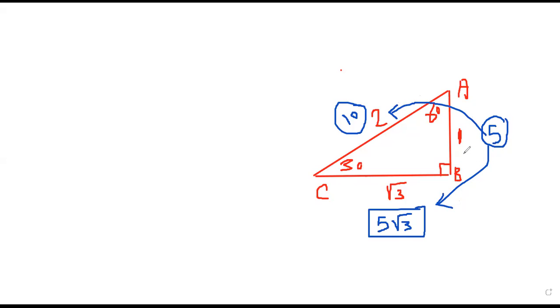Okay. Also, we can use Pythagorean theorem if we forgot the special case. If you have this side was 5 and this side was 10, you are going to tell me it will be 10 squared minus 5 squared. Could you please calculate it and tell me the answer?